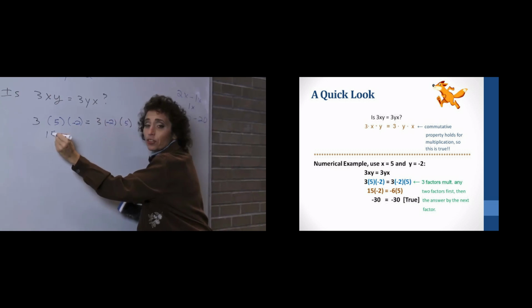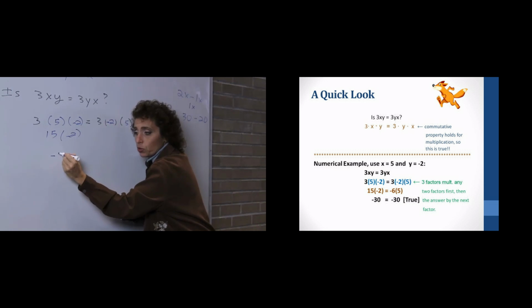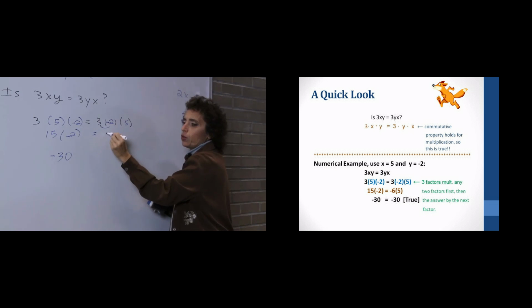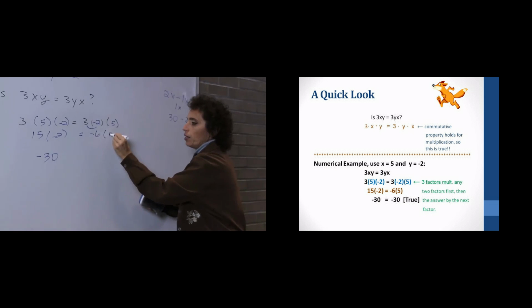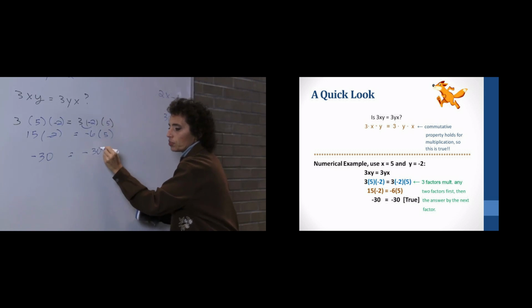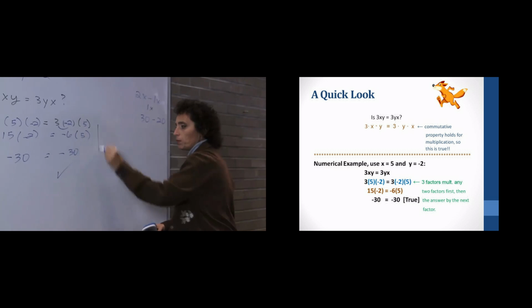This is 3 times 5 is 15 times negative 2. Positive times a negative, signs are different, so it's negative 30. 3 times negative 2 is negative 6, because the signs are different, so it's negative. Times this 5. Signs are different again, so the answer is negative. 6 times 5 is 30. So this is true.